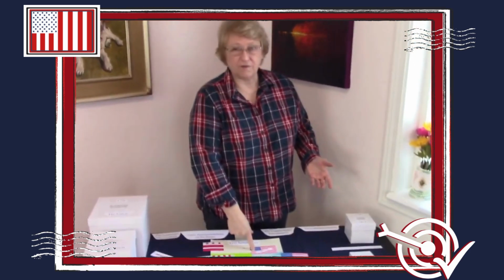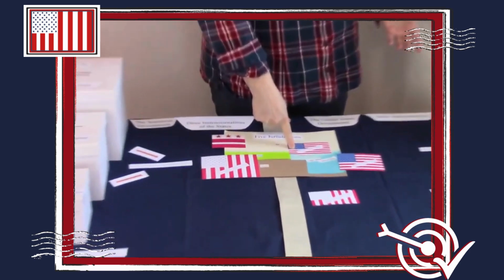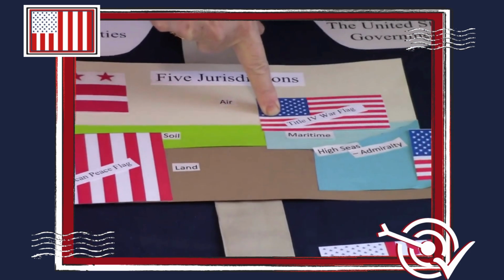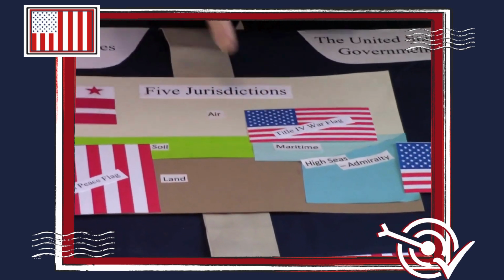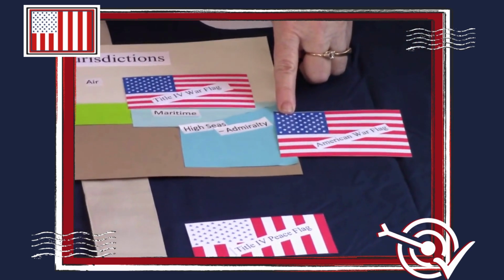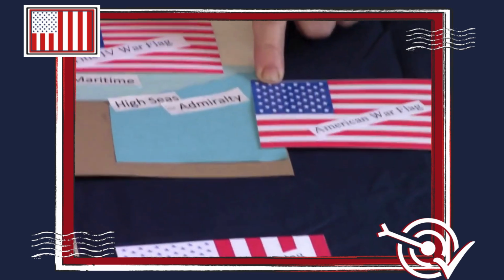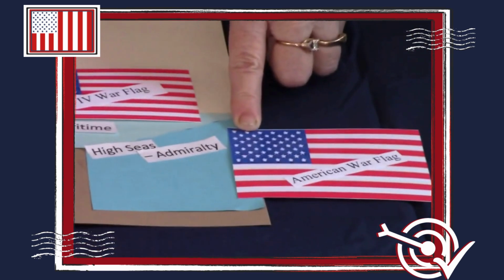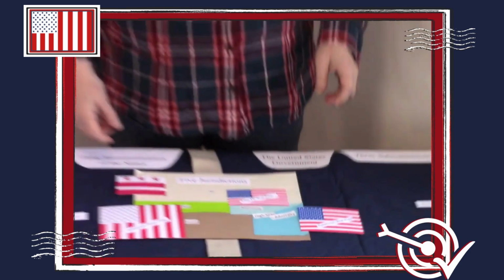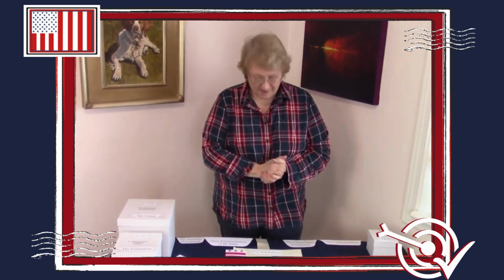The Title IV flag in maritime is for the Maritime Merchant Marine Service, and the Navy, the actual Navy, is for the Admiralty Service. Okay, that's probably enough for you to observe and absorb today on that particular part of it.